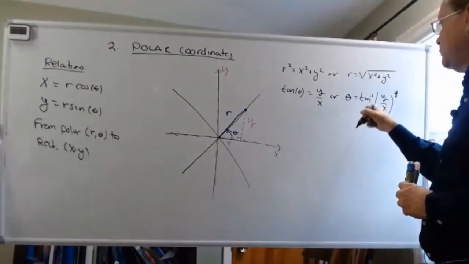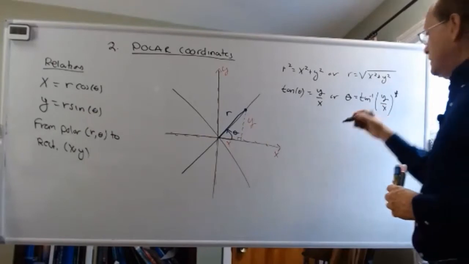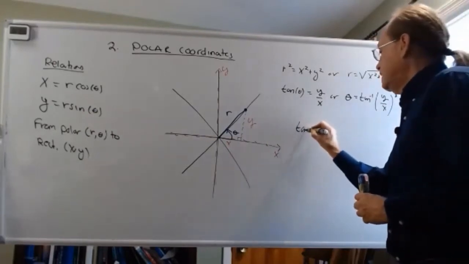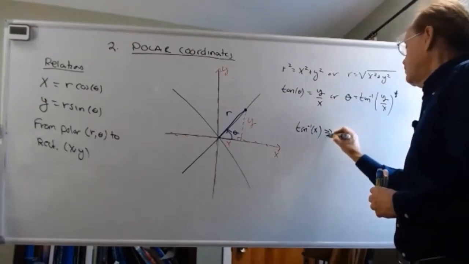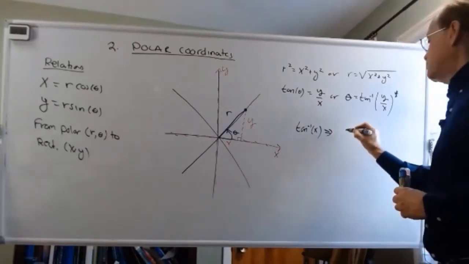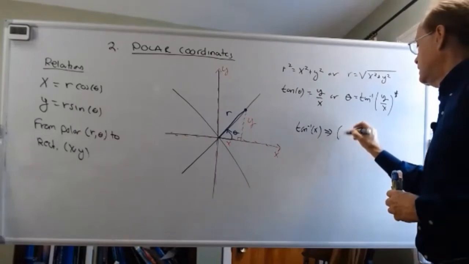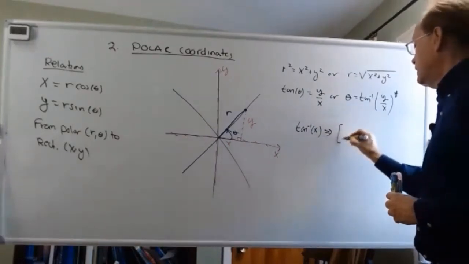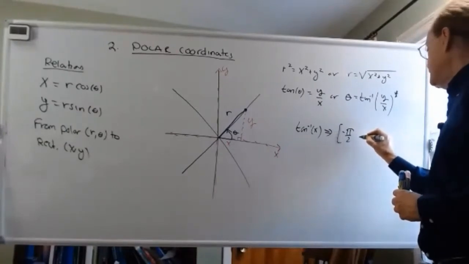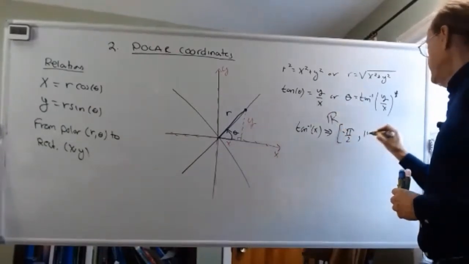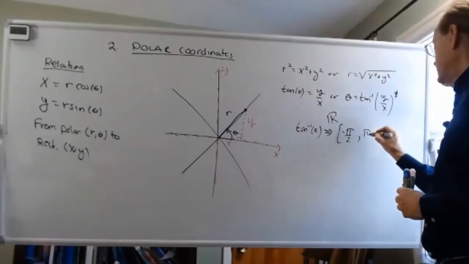Why is that? Well, when I use this, remember the arctangent of any value has its output range between minus 90 and plus 90 degrees.